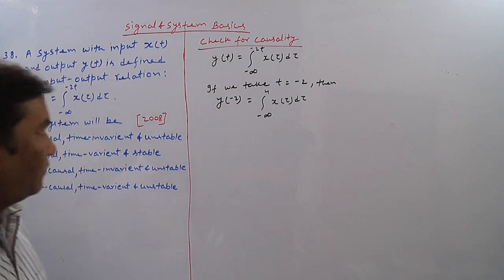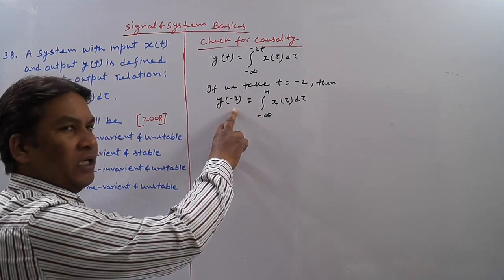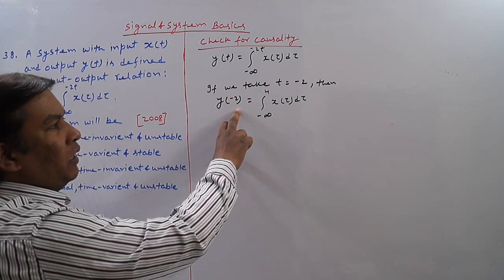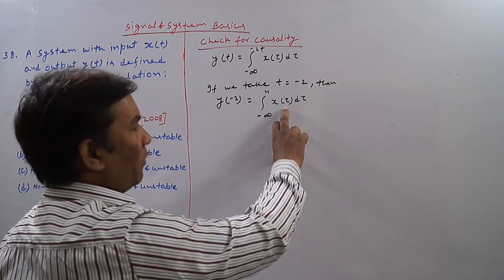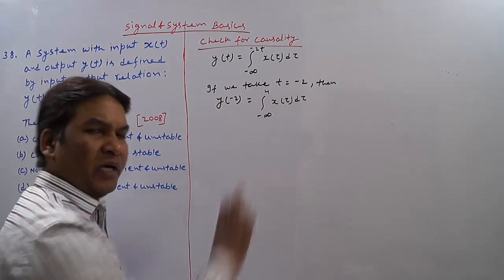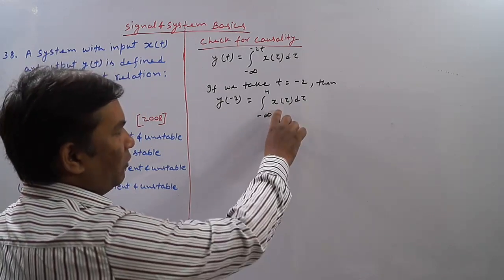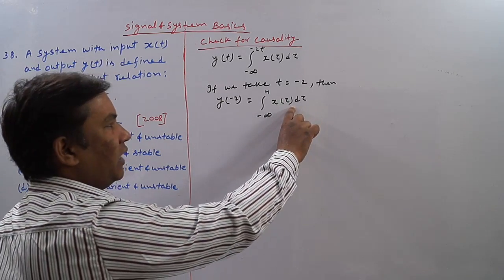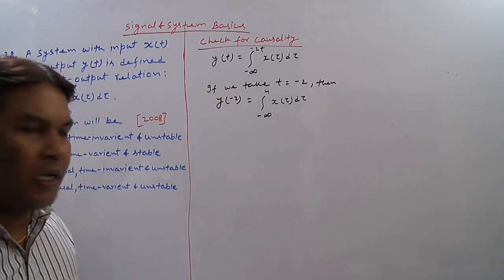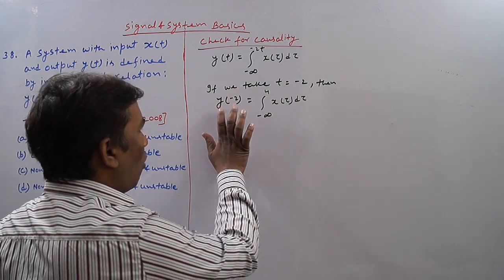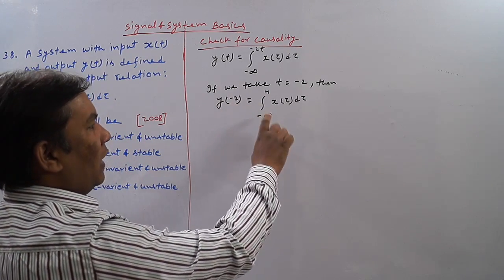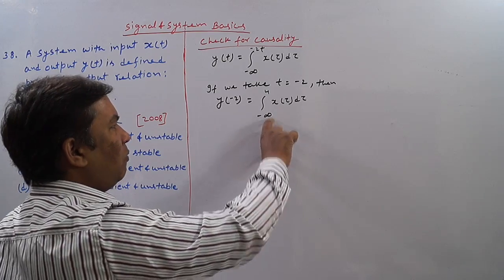Now y(minus 2) depends upon the input from minus infinity to 4. Here x(t) is the input and y(t) is the output.